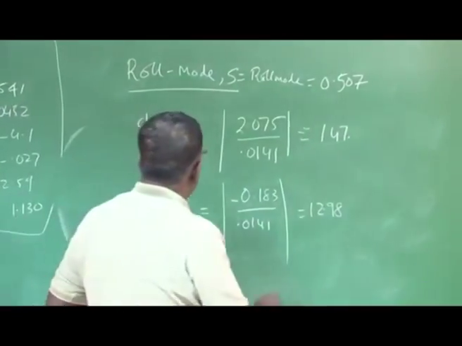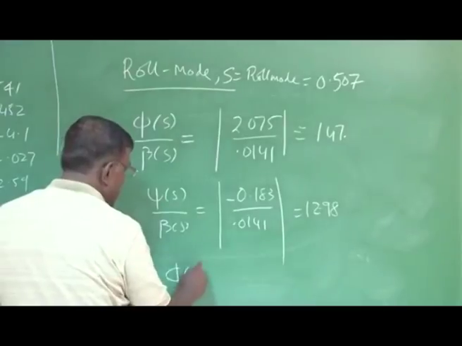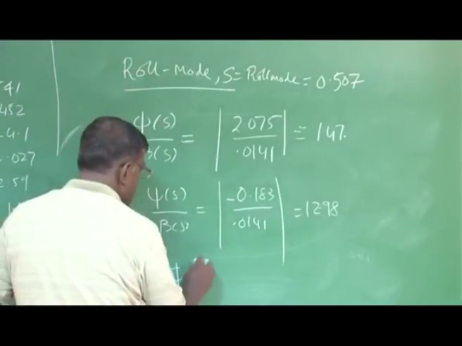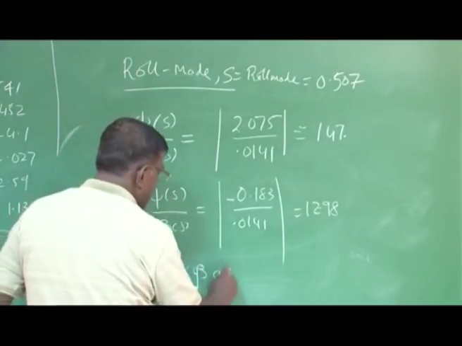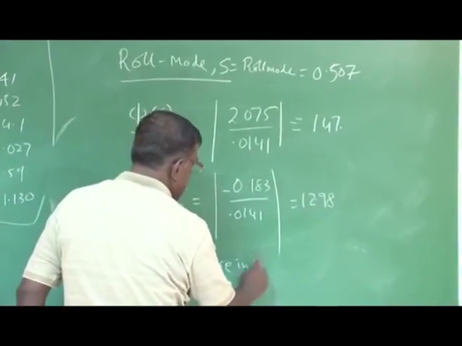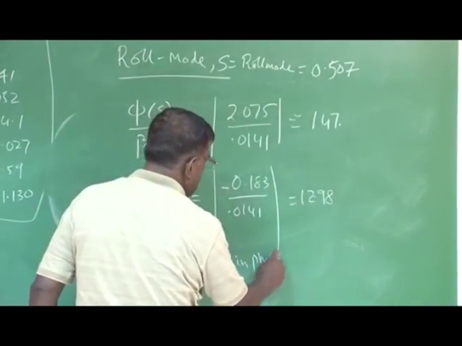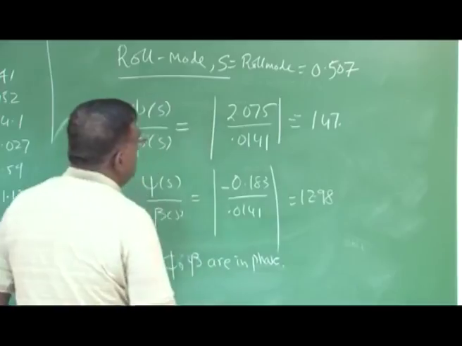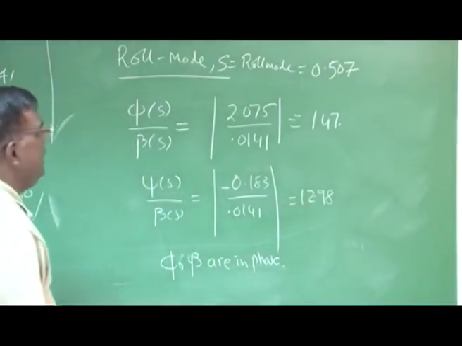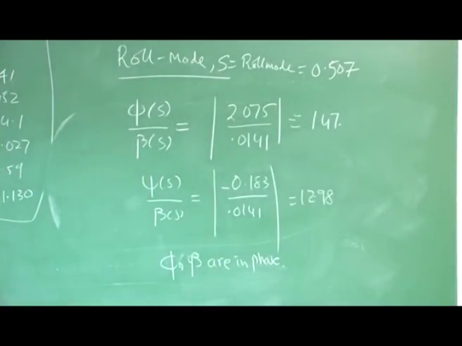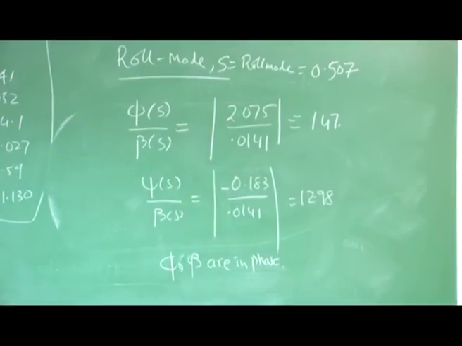So again, here you could see that phi and beta are in phase. And again, beta domination is less compared to phi, which is roll mode, right?